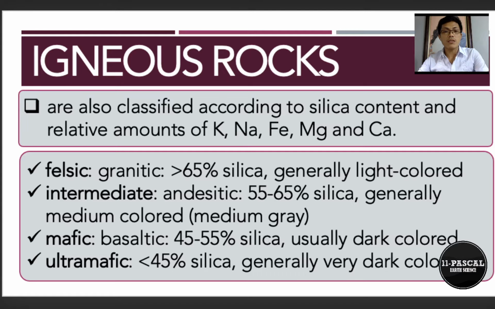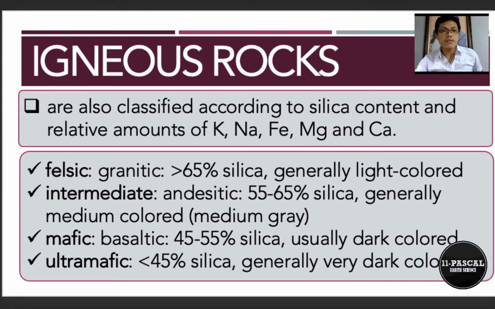Both are light colored because of the higher content of silica. For extrusive felsic rocks, we have rhyolite and dacite. More or less, they have the same components as granite.